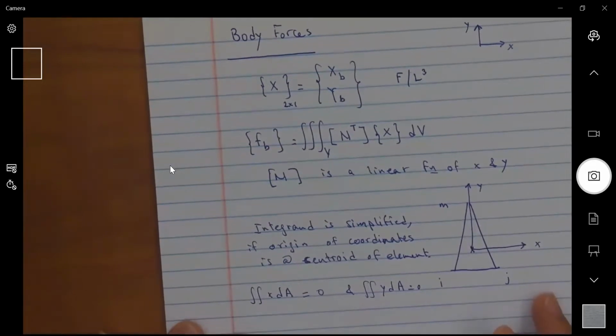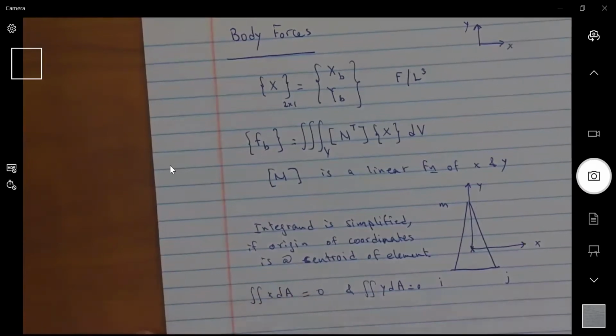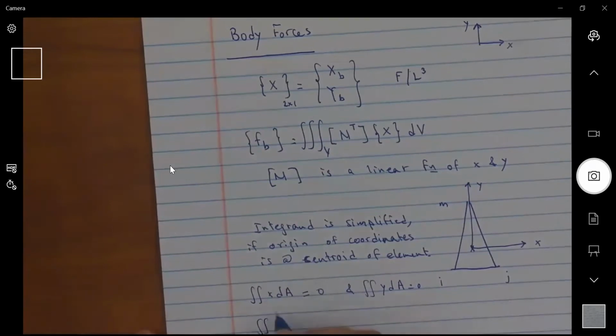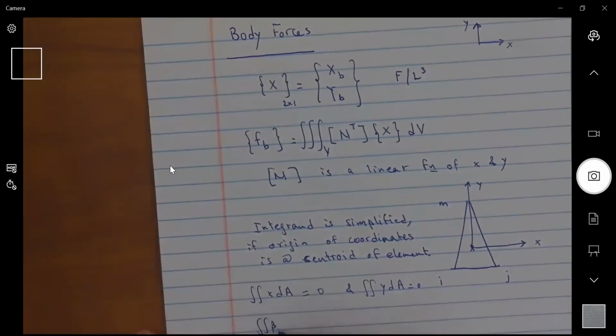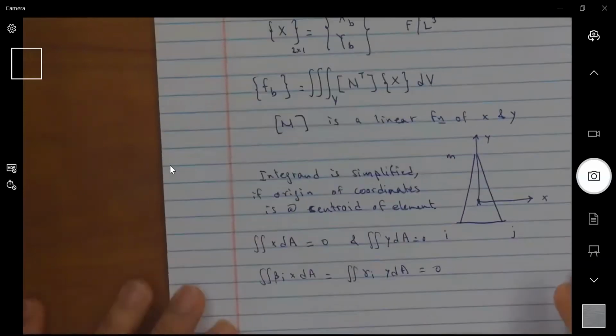We learned it in statics. If the double integral of x dA is 0, then the double integral of beta I x dA must also be equal to the double integral of gamma I y dA equal to 0.